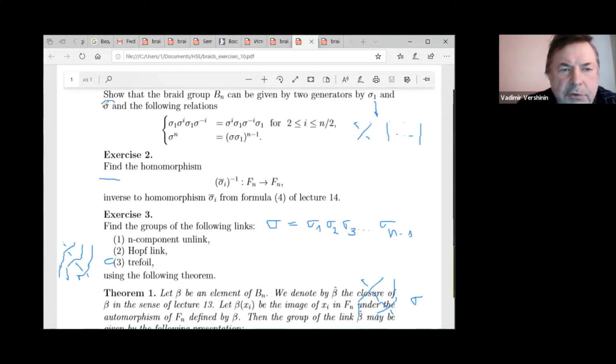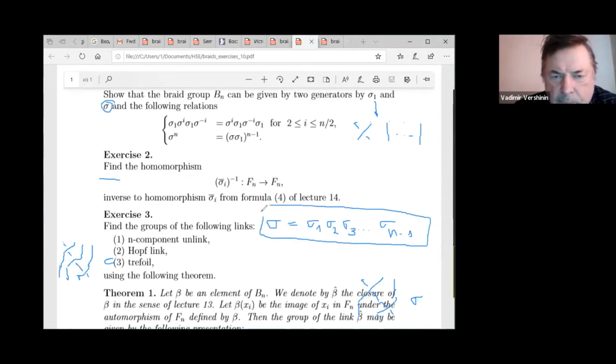And in order to go to sigma, we make the following definition of sigma. It's nothing but the consecutive product, sigma 1, sigma 2, sigma 3. This is the picture for sigma for the 3-strand braid group.